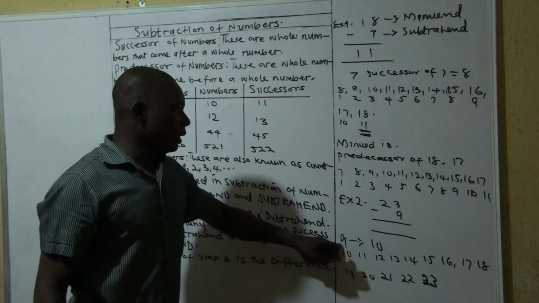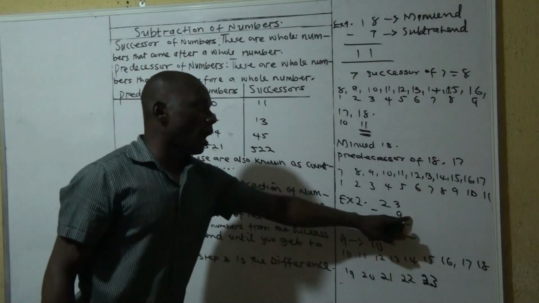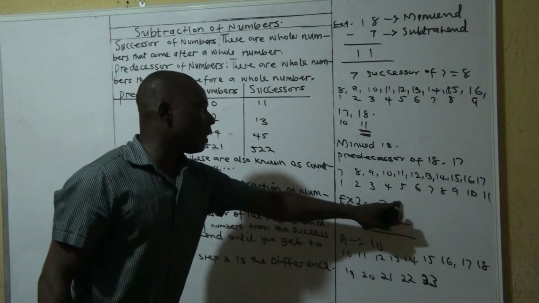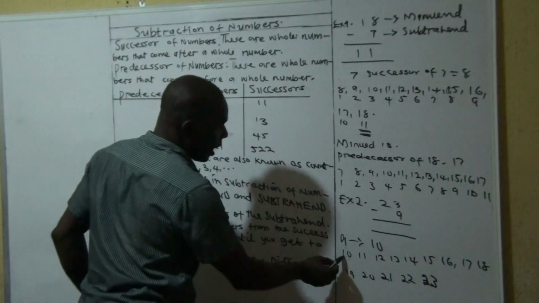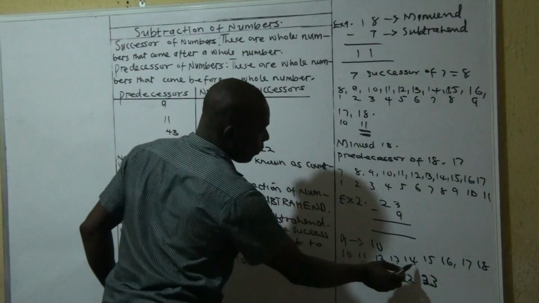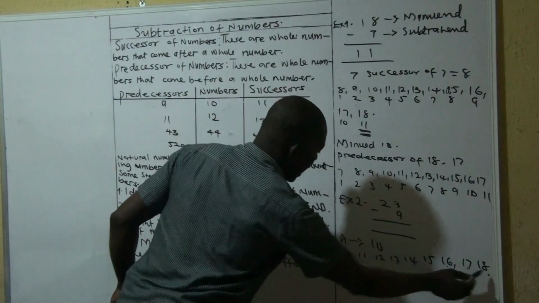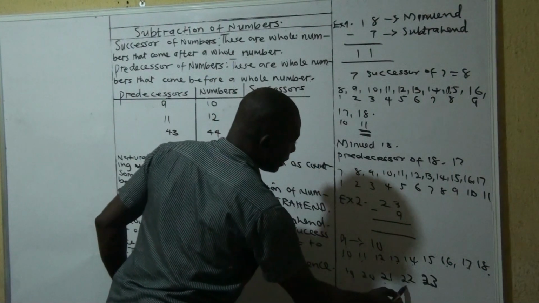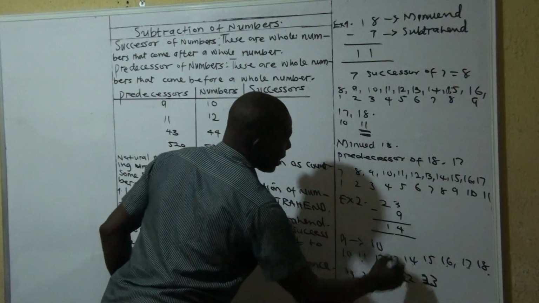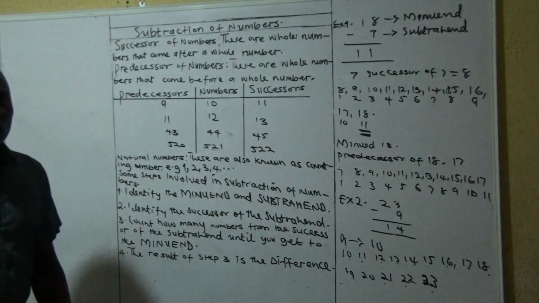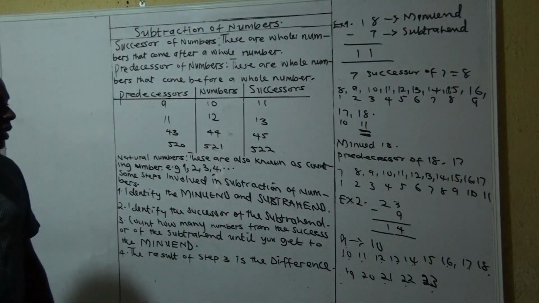Immediately you get the successor of this one, you count and you stop at the minus. So you now count 1, 2, 3, 4, 5, 6, 7, 8, 9, 10, 11, 12, 13, 14. So here we put our answer as 14. So in this case, the issue of borrowing is totally eliminated.